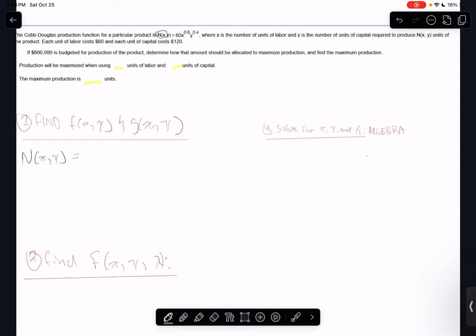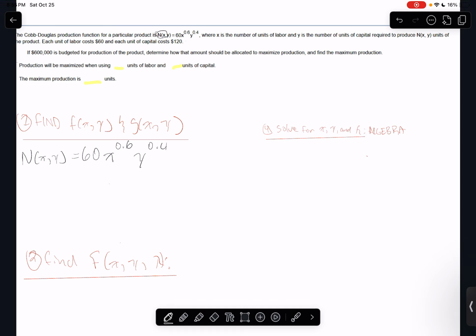We're going to equate that to 60x to the power of 0.6, all right? And that's going to also be multiplied to y to the power of 0.4, okay? All righty.